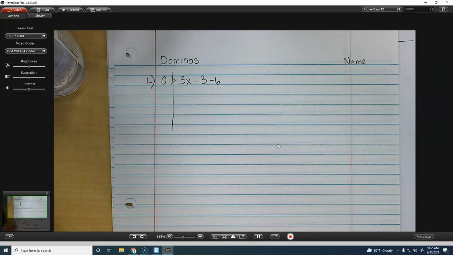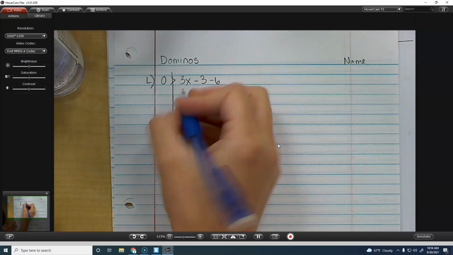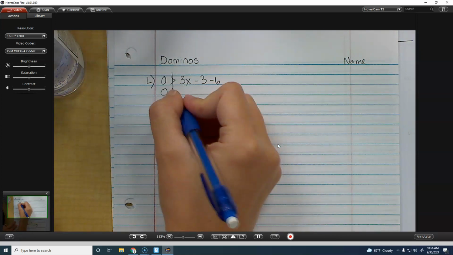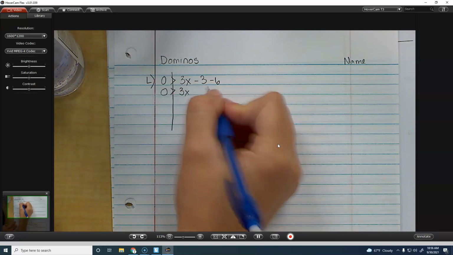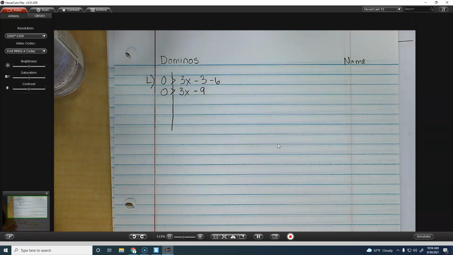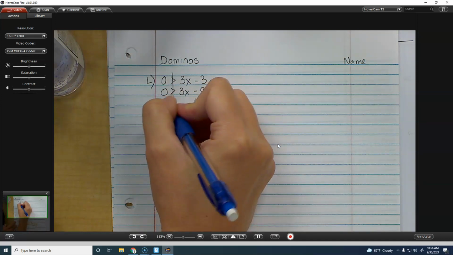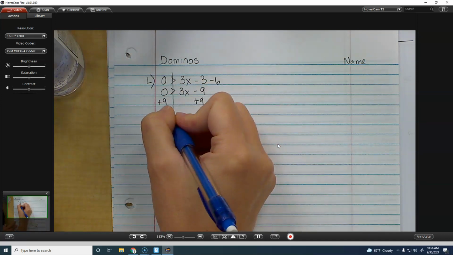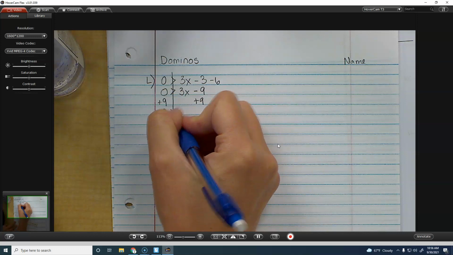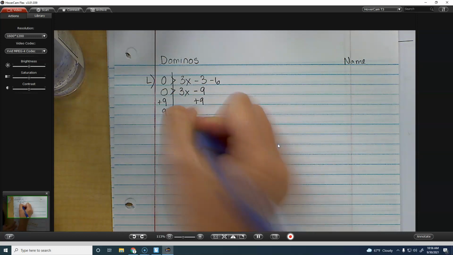No. Then I combine like terms. So I have anything to combine? I put the negative 3 and the negative 6 together. So I'm going to have 0 is greater than 3x minus 9. This will be your first problem, because they're all the same problem. So then we would add 9. So we got 9 is greater than 3x.